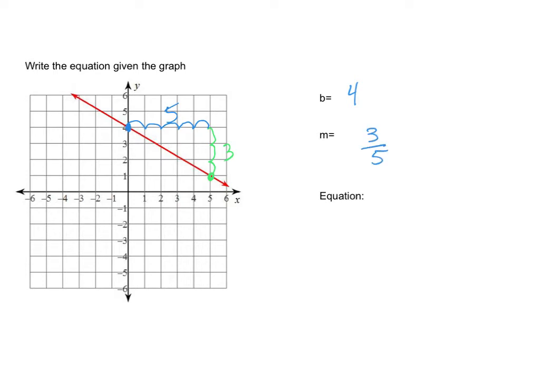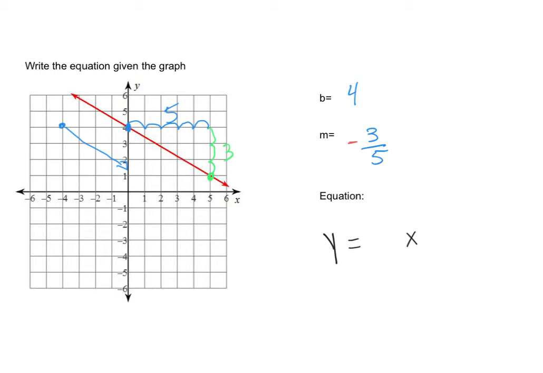And then I need to decide, is my line positive or negative? Are we going uphill or downhill? So because we start from the left and we start going down, my line is going downhill, so negative slope. So now to write my equation, y equals mx plus b, I need to find my m.